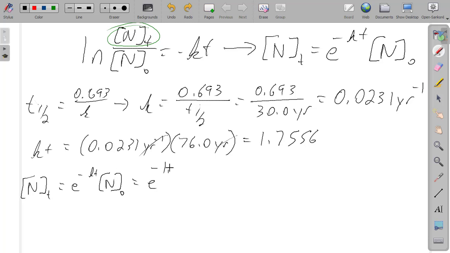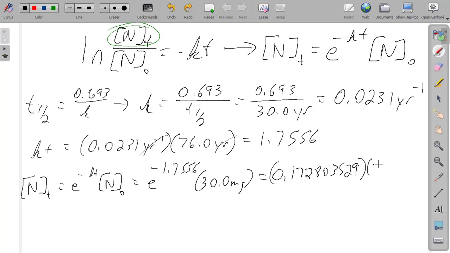All right, so now again, N at time t equals e to the minus kt times N_0, e to the minus 1.7556 times 30.0 milligrams. That's going to be e to the minus 1.7556, which is 0.172803529 times that 30 milligrams.